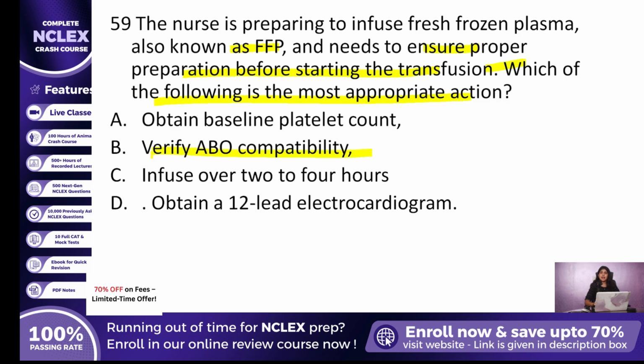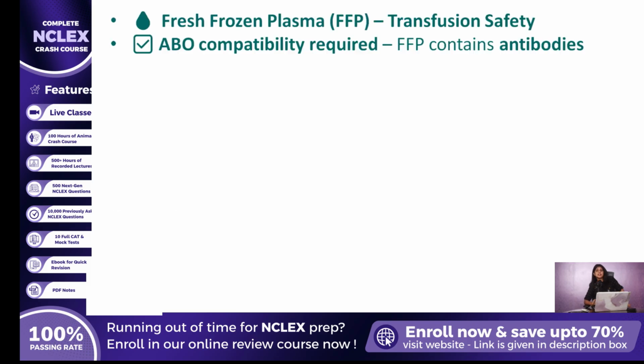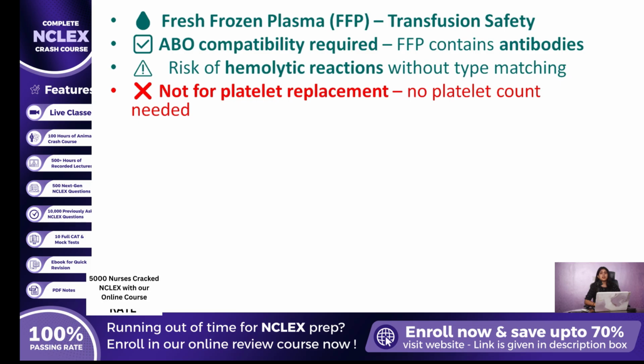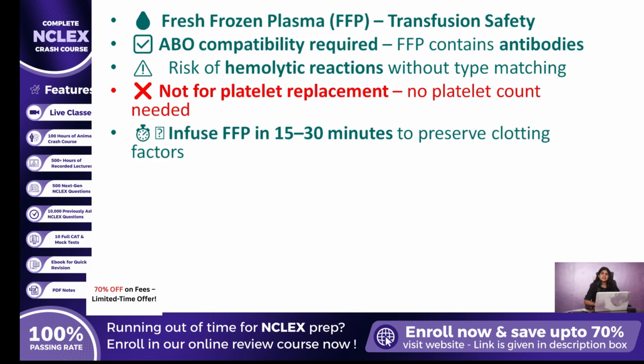Here is the rationale. Even though FFP does not contain red blood cells, it does contain antibodies that can react with the recipient's blood type, leading to hemolytic reactions. Therefore, verifying ABO compatibility is mandatory before FFP transfusion. A platelet count is not necessary here, as FFP is not used to replace platelets.